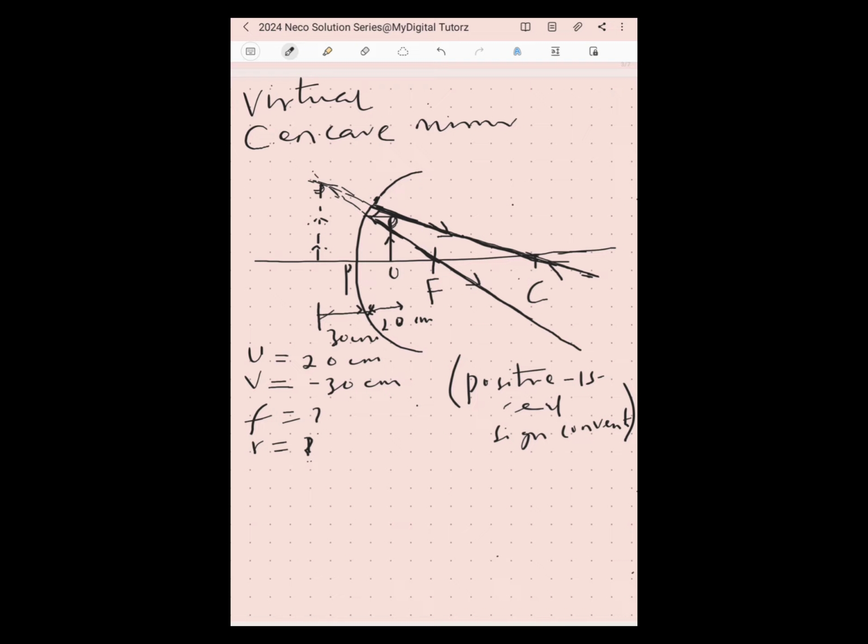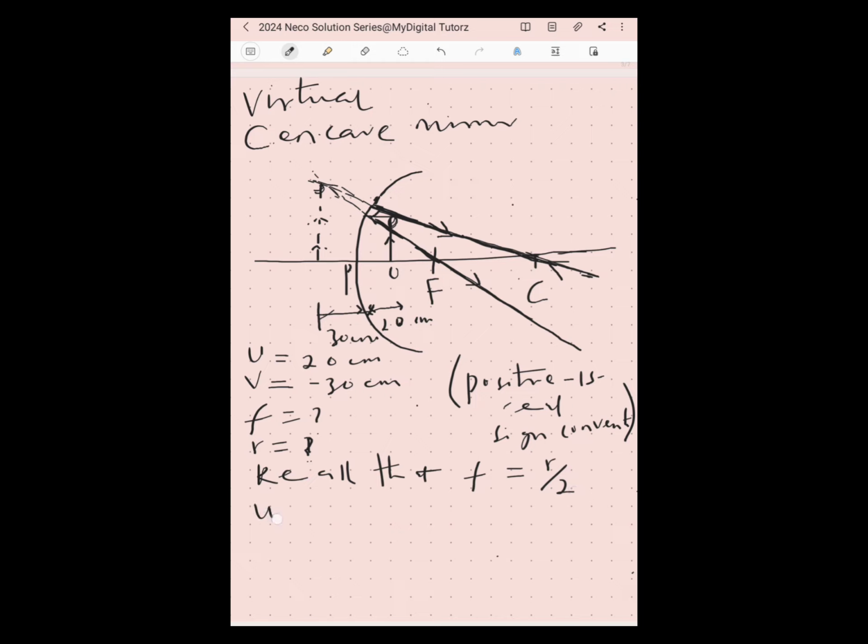Remember the relationship between the focal length and radius of curvature. Recall that focal length f is equal to radius of curvature all over 2.